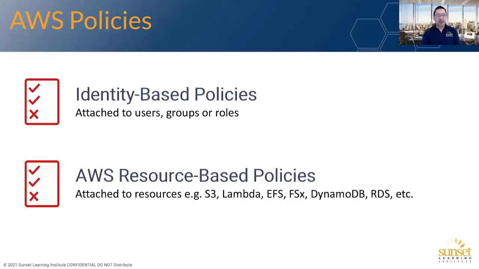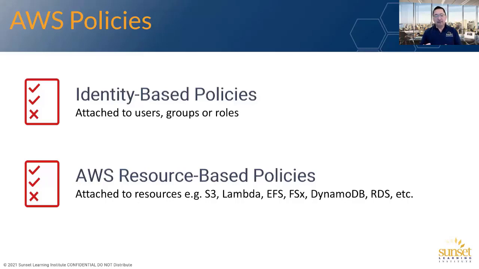We have identity-based policies, and those are policies that we attach directly to users or groups or roles. Those policies provide the authorization to do different things to AWS resources. We also have resource-based policies, and those are policies that we associate directly with AWS resources, like compute and storage and database, or other types of services within AWS.